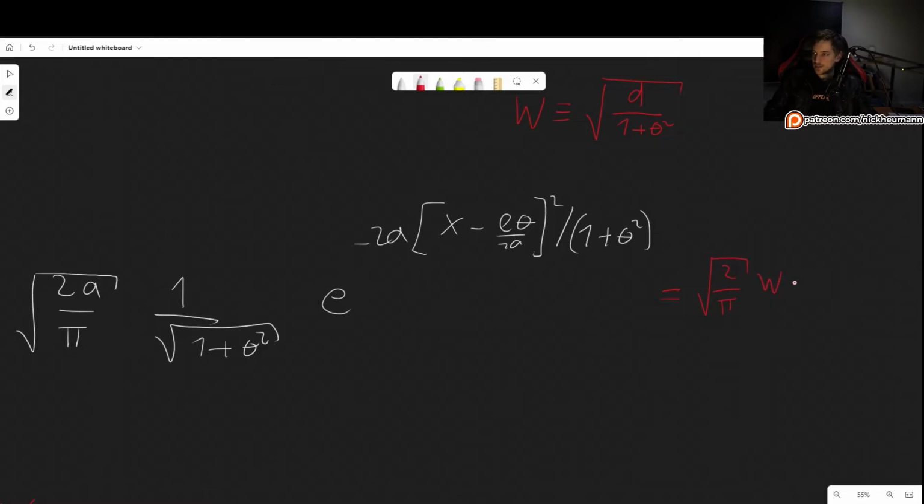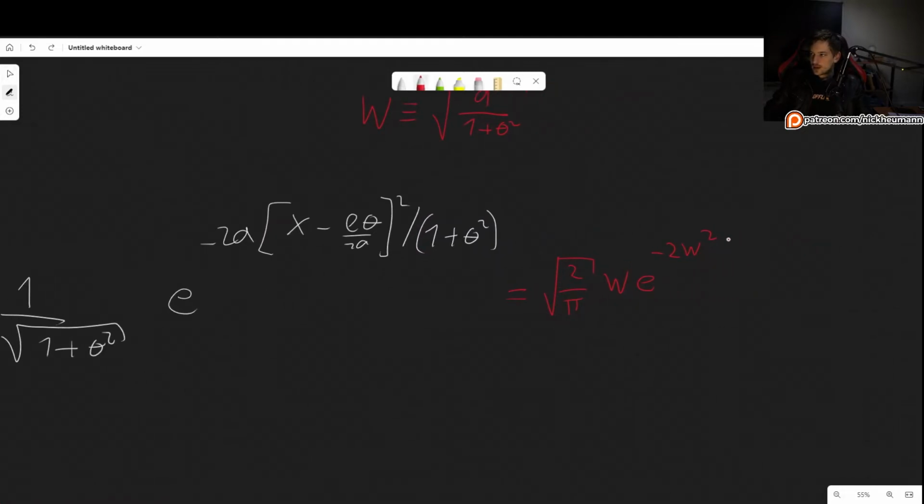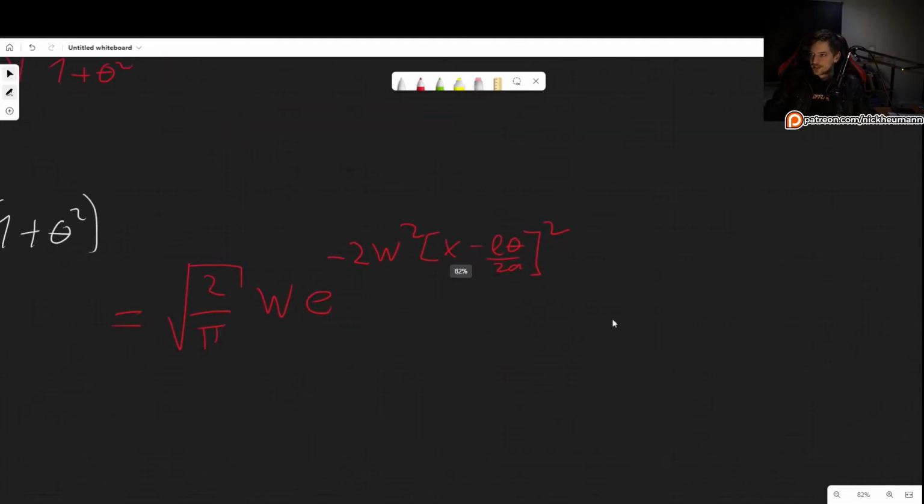Much, much cleaner. And then e to the minus 2w squared, right? Because this a is the square of what we have here. And then x minus L theta over 2a, squared. So there we go. This right here is the modulus squared of our wave function.